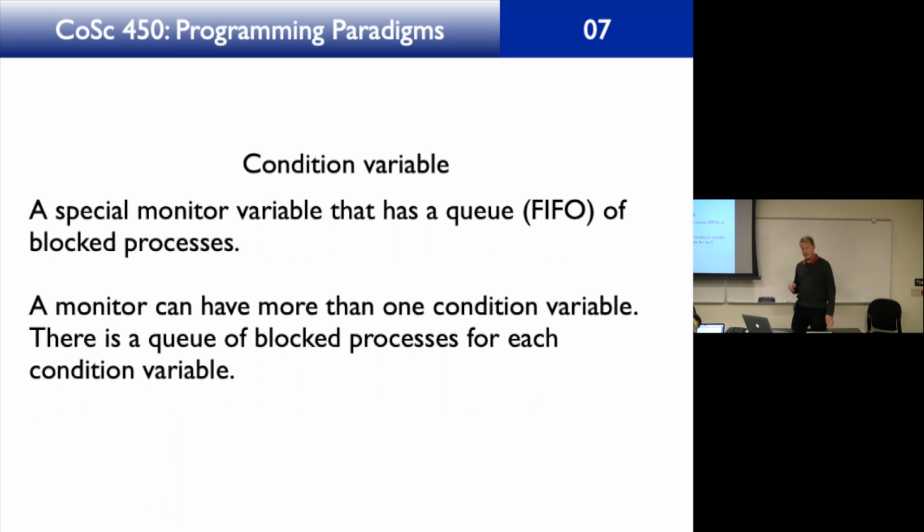Now, here comes something that is kind of hard to wrap your head around. Monitors have special variables called condition variables. Normally when you talk about a variable, all variables have a type, right? Like you could have an int variable, a real variable, a double.